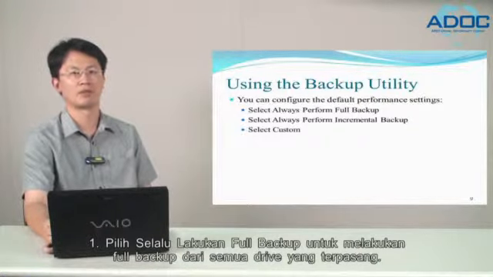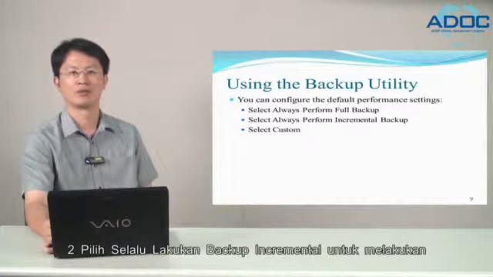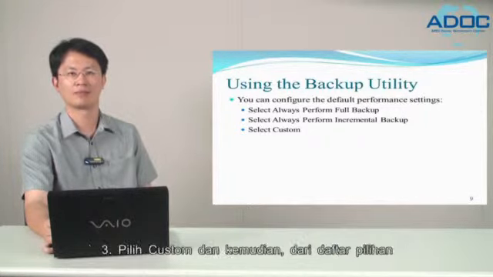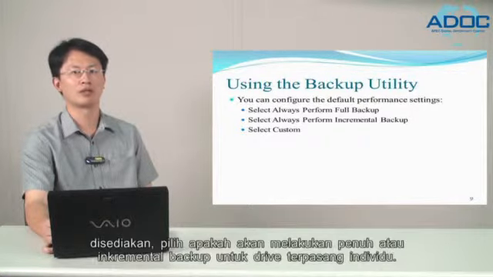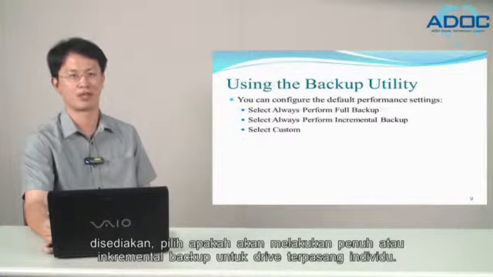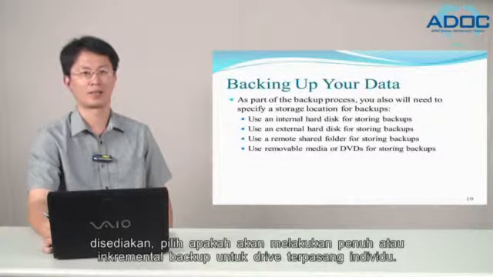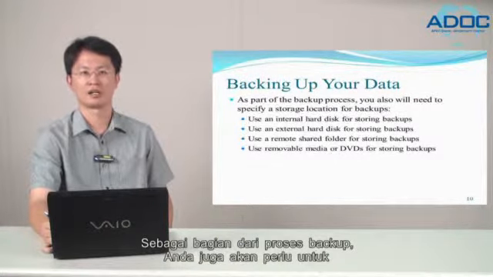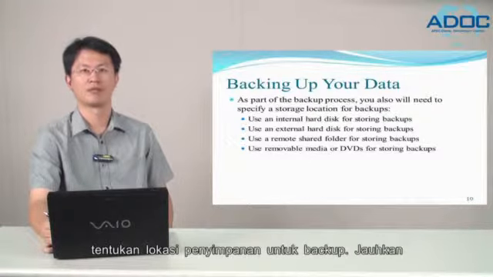Select Always Perform Incremental Backup to perform incremental backups of all attached drives. Select Custom, and then from the option list provided, select whether to perform full or incremental backups for individual attached drives. As part of the backup process, you will also need to specify a storage location for backups.